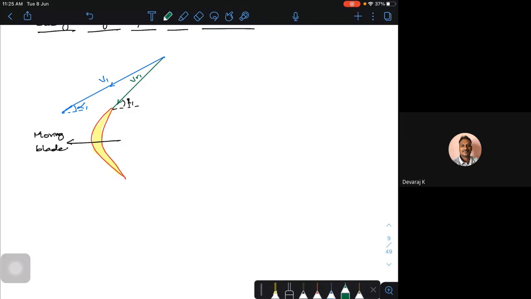The blade will be moving at some velocity, that is the velocity U.